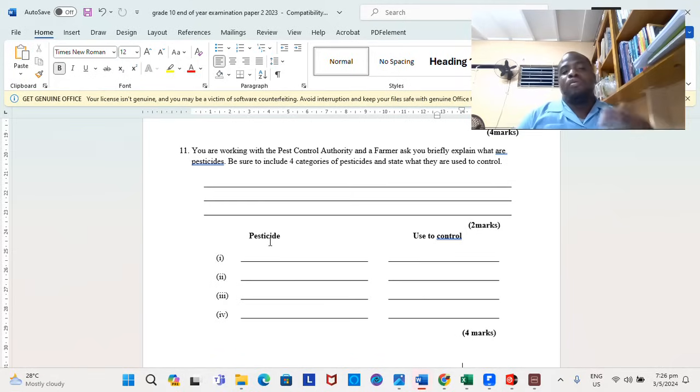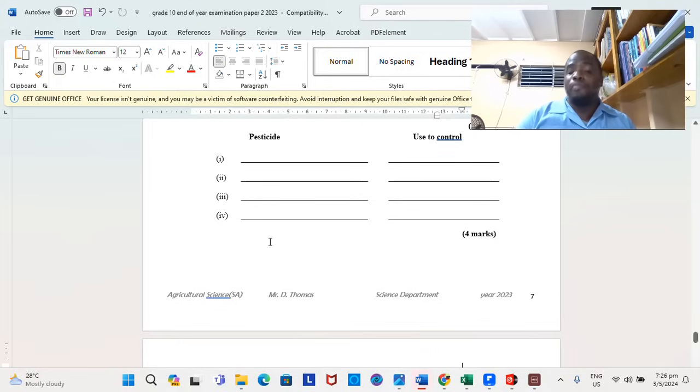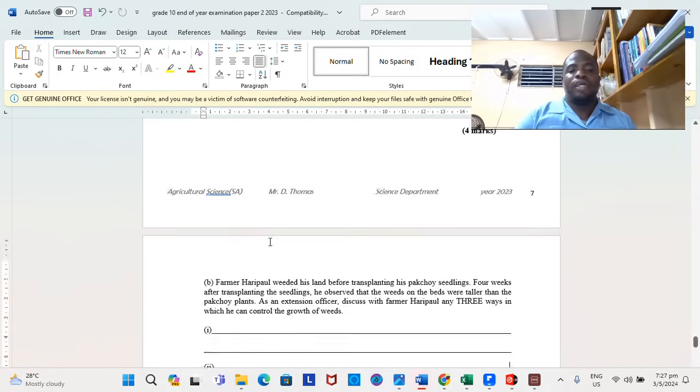And so rodenticides are used to control those. Molluscicide is used to control snails and slugs, right? They move slow, but they can create damage. They can wreak havoc on your crops, right? So these are some of the examples of the pesticides.